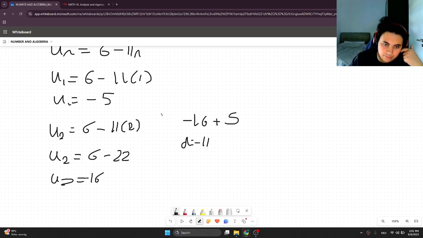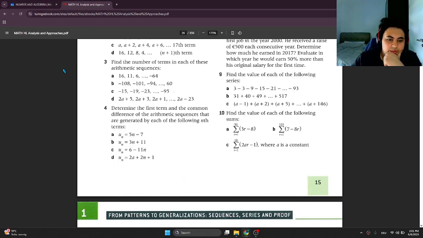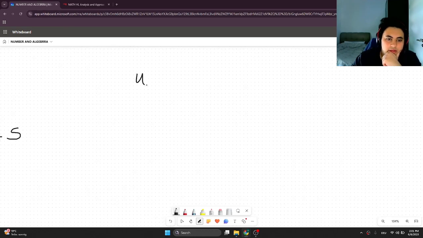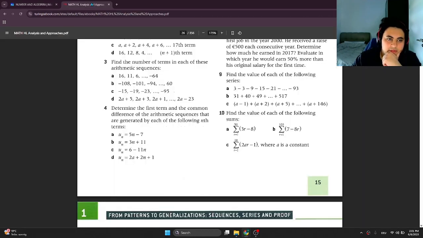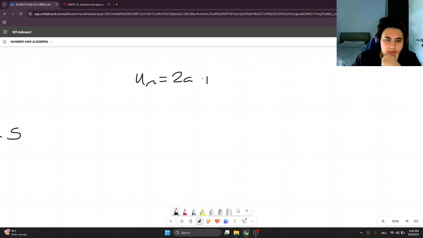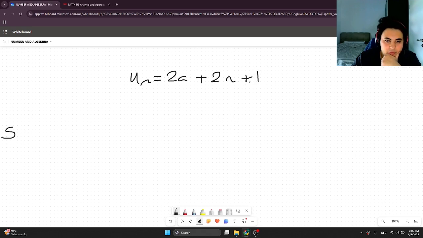Okay, cool. Next one. We have un is equal to 2a plus 2n plus 1. So u1 is equal to 2a plus 2 times 1 plus 1, which is just 2a plus 3.